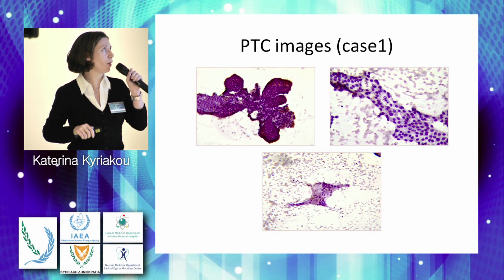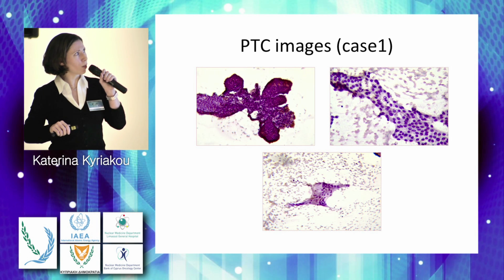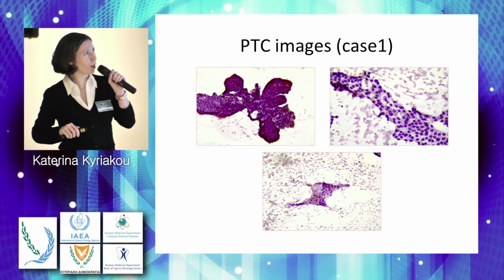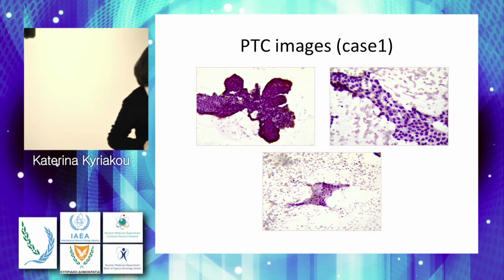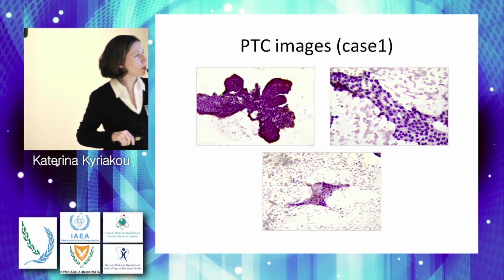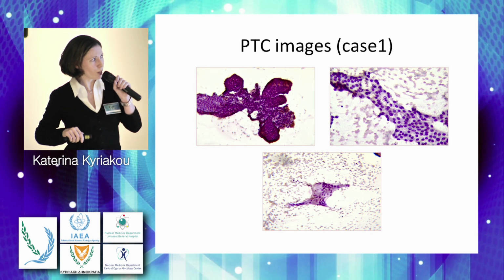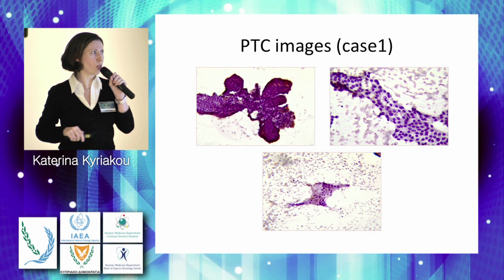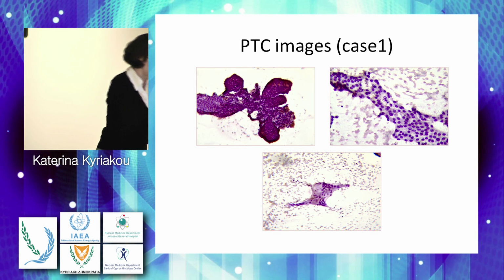Here we see a papillary thyroid carcinoma. We can see the characteristic papillary architecture. When you look closer, we can see well-defined intranuclear inclusions, for example, here. And here we see a multinucleated giant cell, which is very often seen with the papillary thyroid carcinoma.